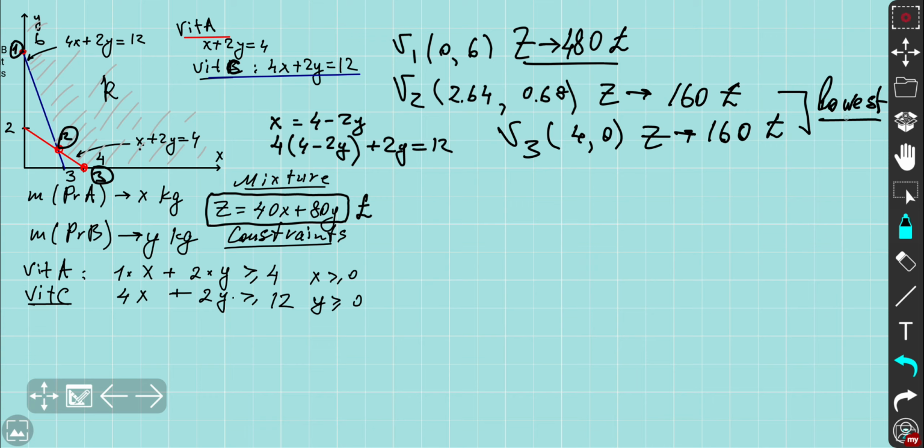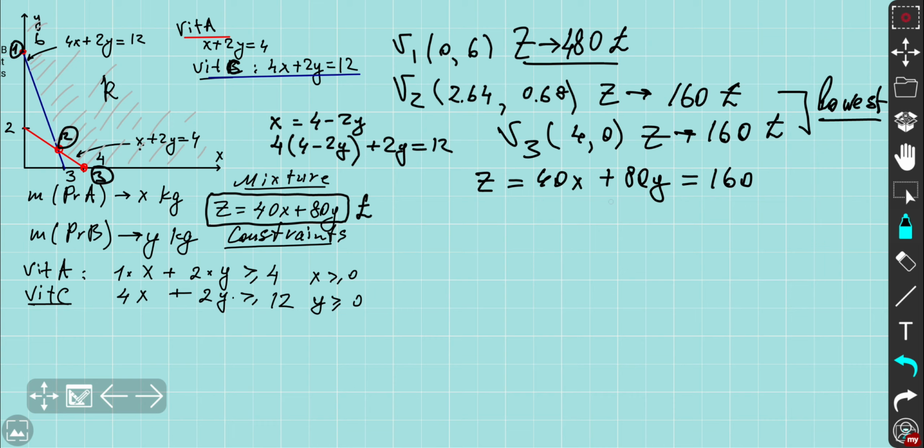If we set up the equation for z, which is 40x plus 80y, the boundary case is going to be that it equals 160.